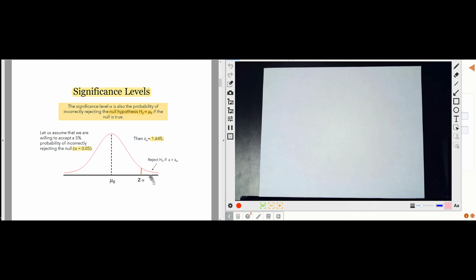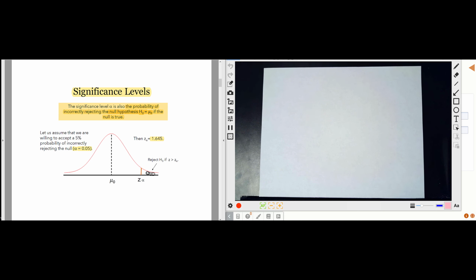Okay, so the correct interpretation of the significance level alpha is that it is the probability of incorrectly rejecting a true null hypothesis. Okay, the probability of incorrectly rejecting the null hypothesis that the mean is mu naught when the null hypothesis is true.